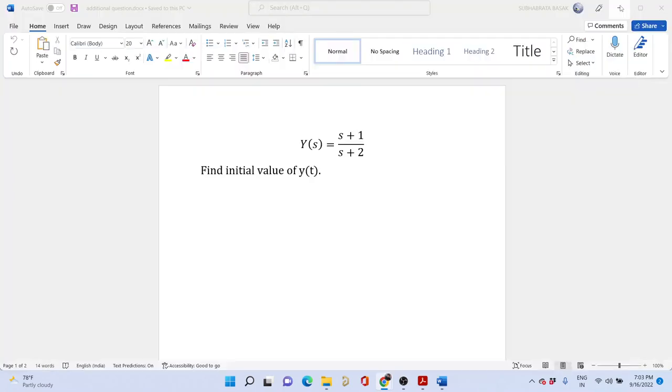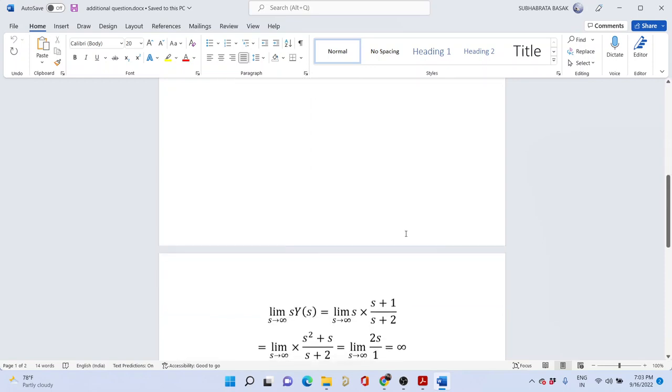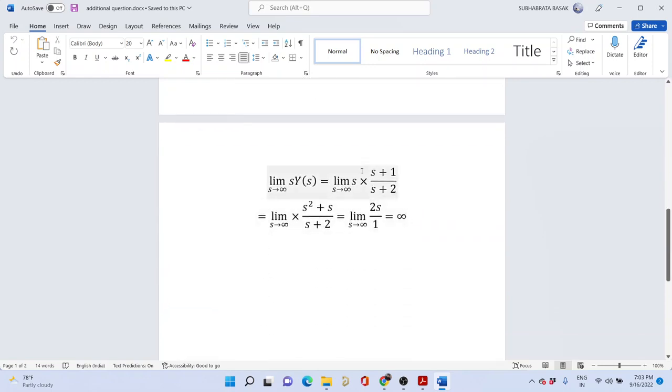I will show you. Look at the structure of this transfer function. Let us see why we are facing a problem. Shahadat came with this problem. So limit s tends to infinity, s into Y(s), becomes infinity. It is truly infinity.